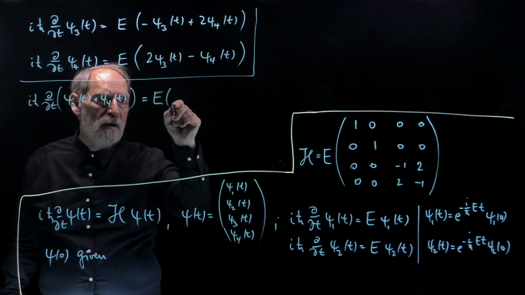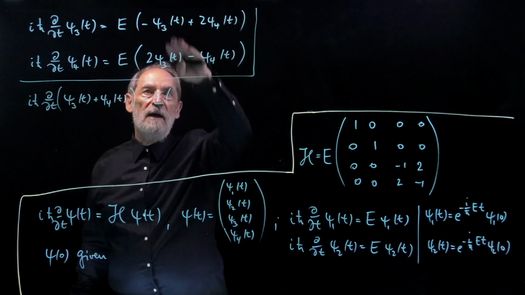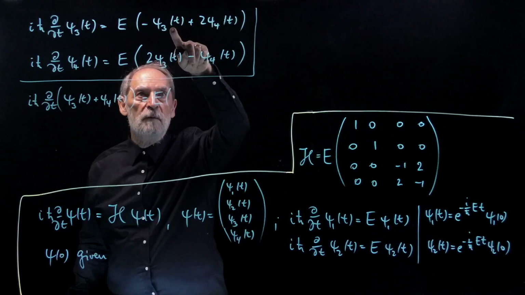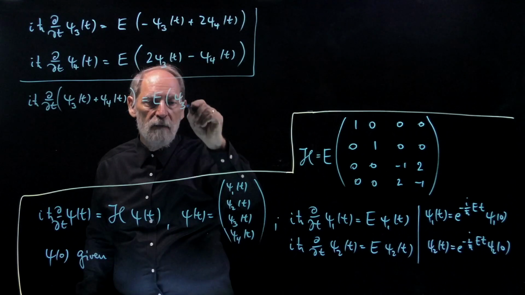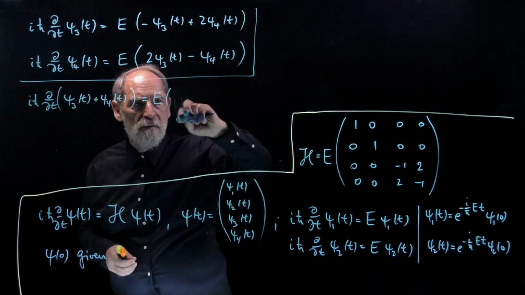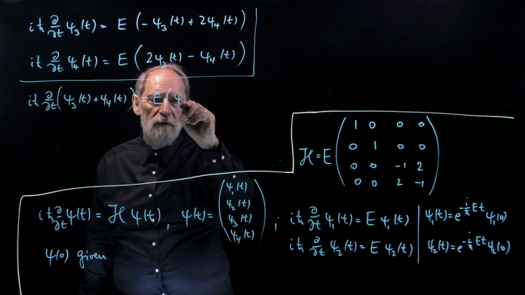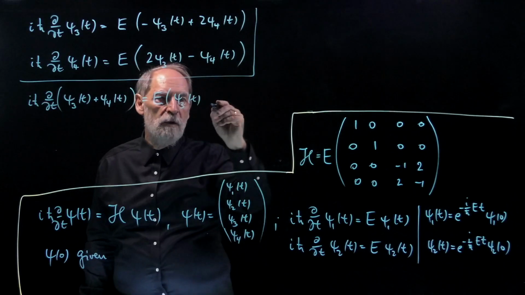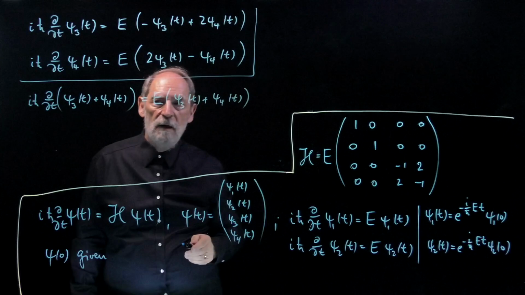Well, that's just the sum of everything that we have on the right. Now, if we add this up, then there is a 2 psi 3 of t minus psi 3 here, so it's a psi 3 of t. And likewise for the psi 4, 2 minus 1 is 1 psi 4 of t. Aha!